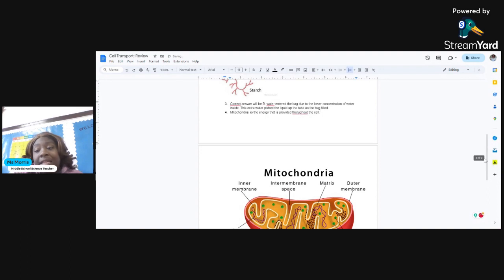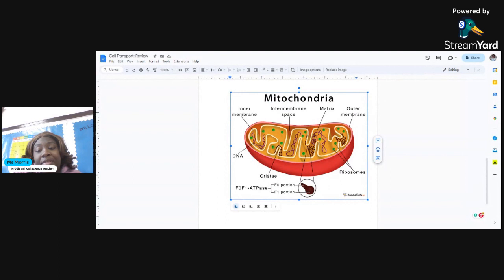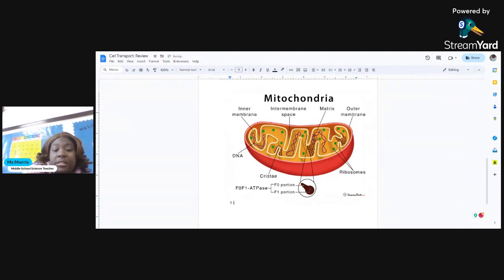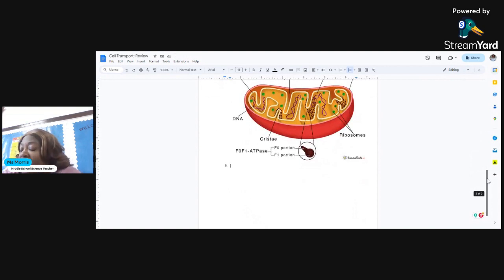All right, take a look at that diagram. Very interesting and very detailed, by the way. All right, moving on to number 5. So for number 5, if the molecules are moving out of the cell, this is an example of passive or active transport.